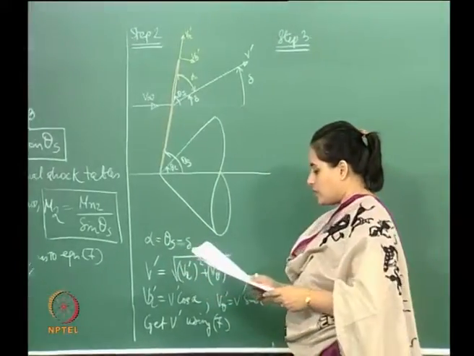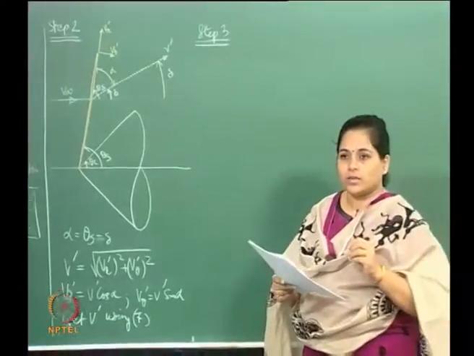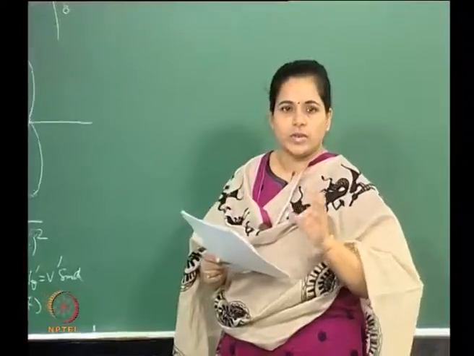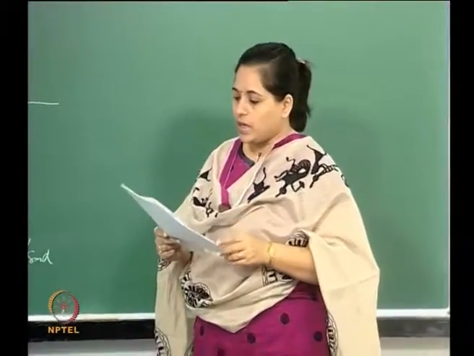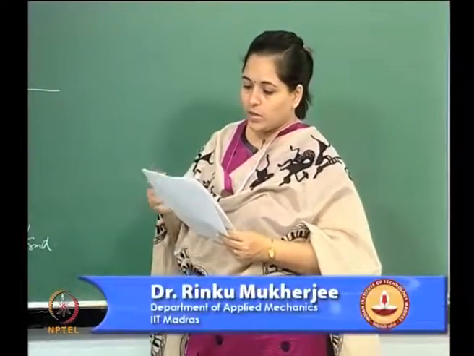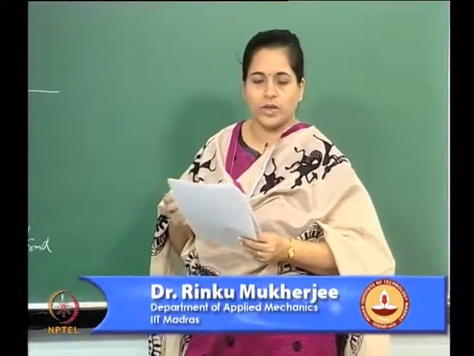I am now going to write this again, the Taylor-Maccoll equation, when we wrote that using the non-dimensional parameter v dash. If you see that equation, it has just one unknown, which is v r dash.